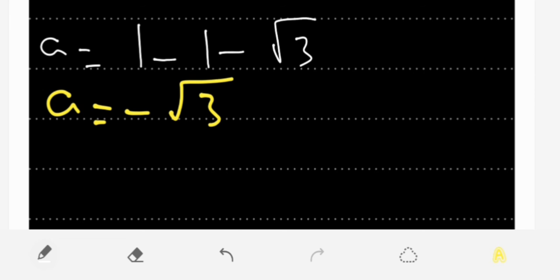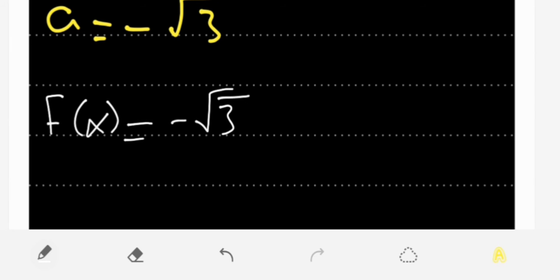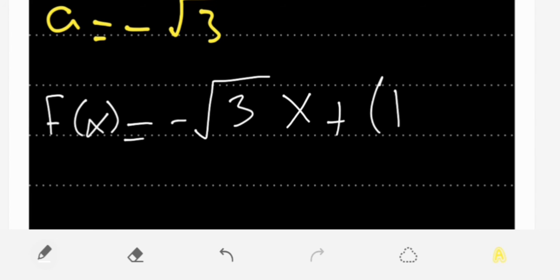Okay, so our f of x is equal to minus square root of 3 x, because this is a, plus the b value, plus 1 plus square root of 3.